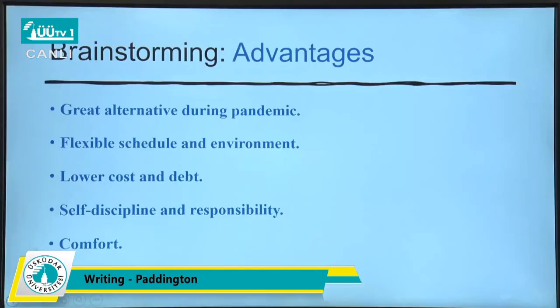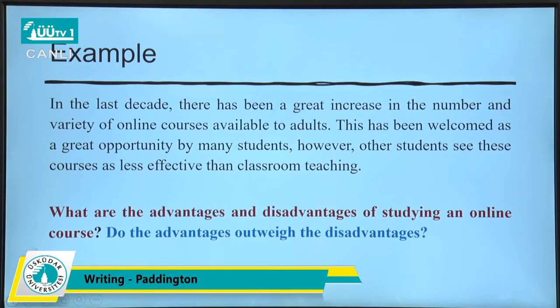So, this is the brainstorming section about advantages. This is about online courses. I can underline some important expressions here. For example, last decade, great increase in number. Online courses available to adults is a good thing, is a great opportunity, or it is less effective than classroom teaching. So we have to brainstorm it first.